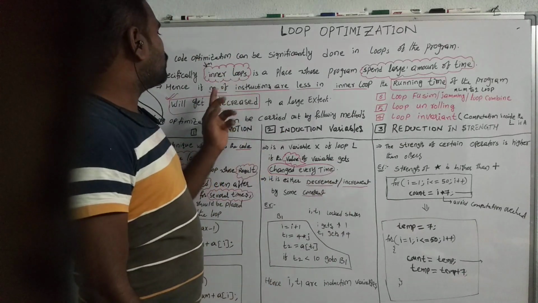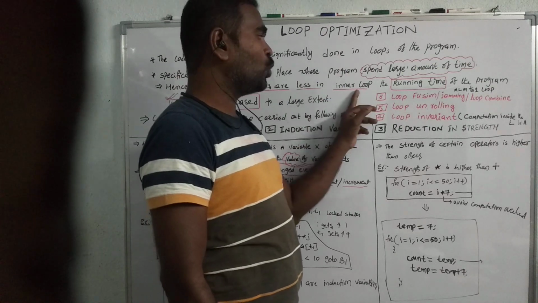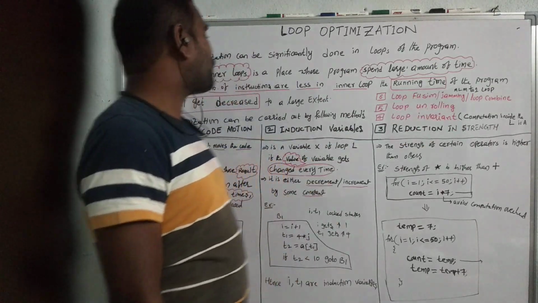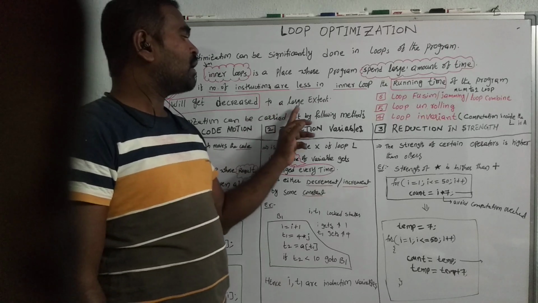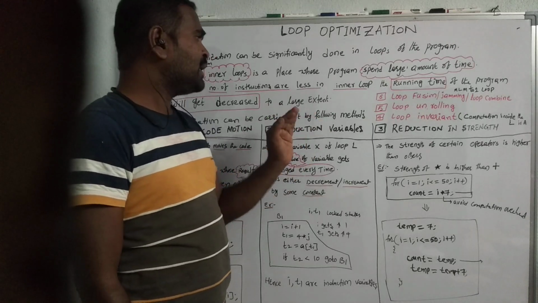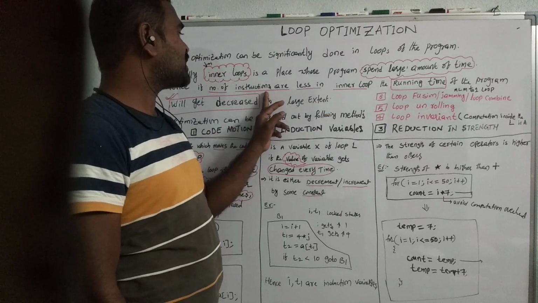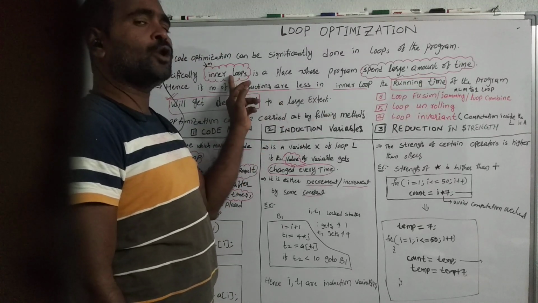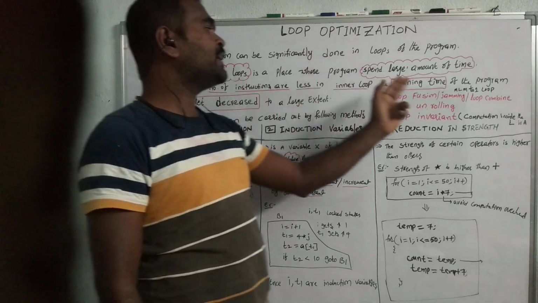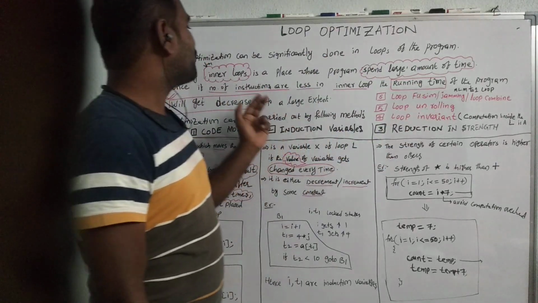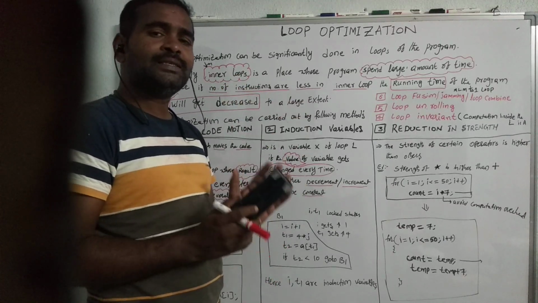If the number of instructions in the inner loop is less, the running time of the program will decrease to a large extent. So the running time totally depends on the number of instructions available in the inner loop.